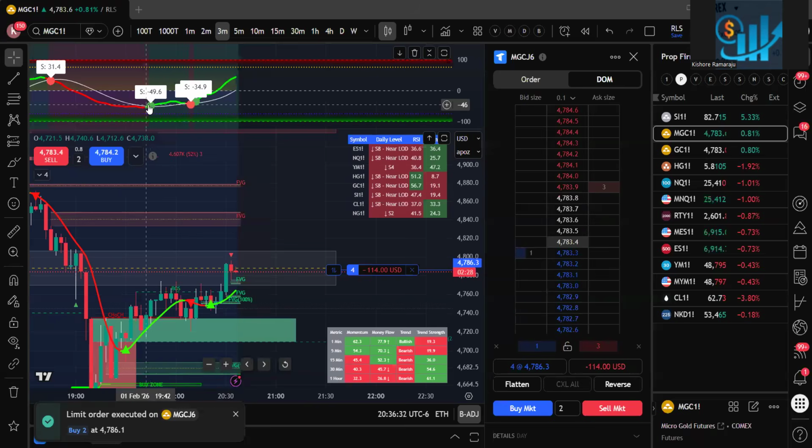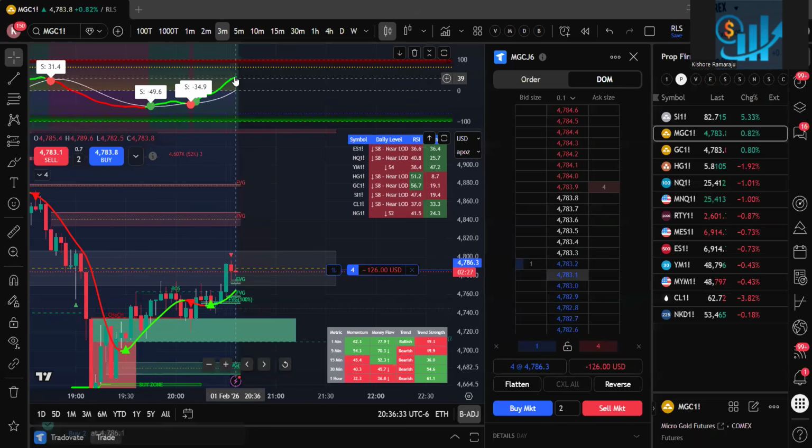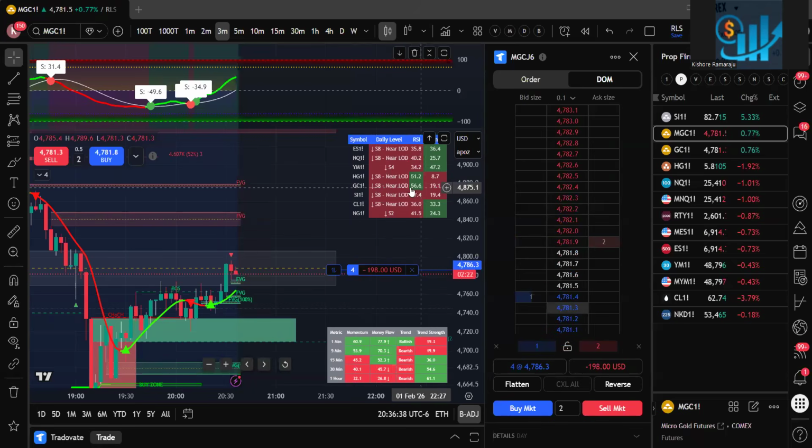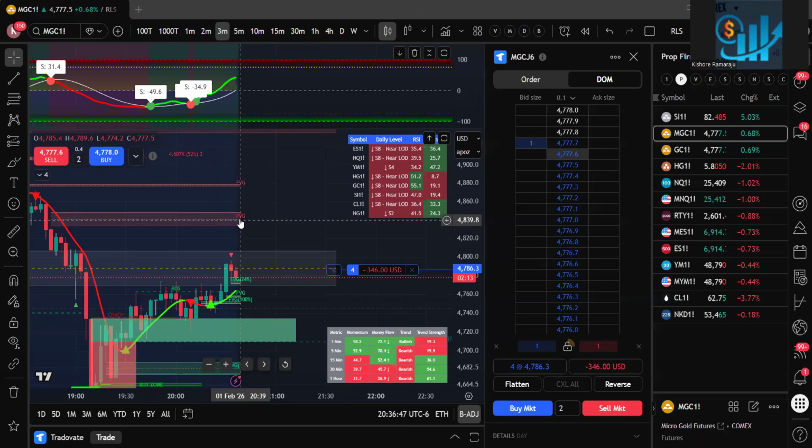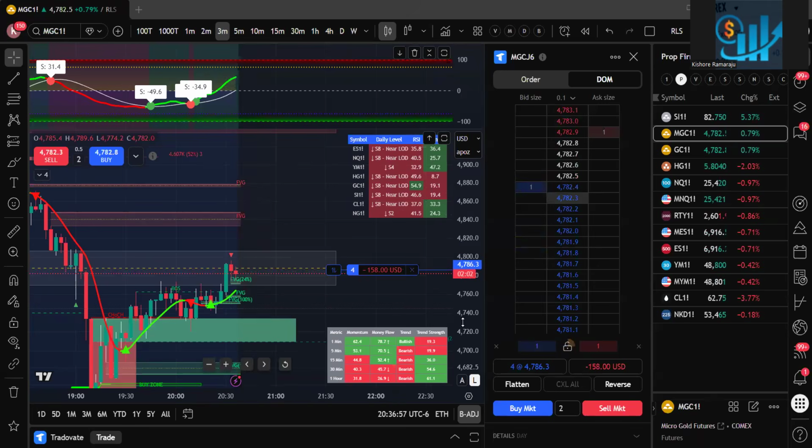Overall, T5 is bullish. If you see GC in the table, it came all the way to the bottom and started going up. The RSI is above 50. Here, 1 minute is looking bullish, 5 minutes is looking bullish. So overall, it will go to minimum 4800, 4840. So you can hold it with one or two micros.